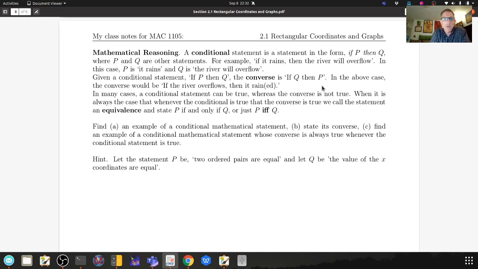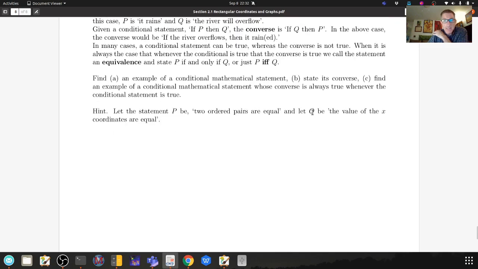And we can say the following: P if and only if Q, which means if P then Q implies if Q then P. But we don't say that, we just say P if and only if Q. Or we just write P IFF Q. That's not a typo. That means if and only if. These are really powerful statements.